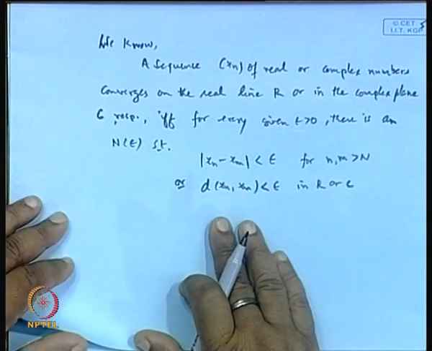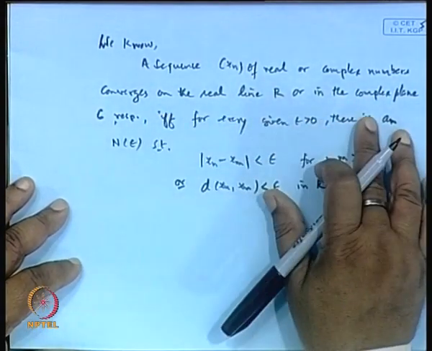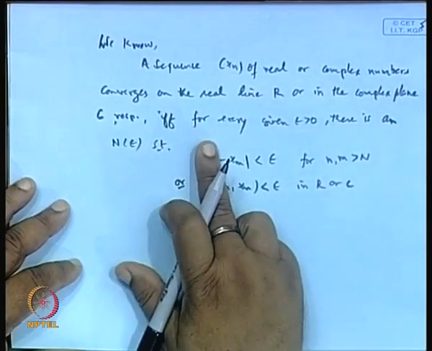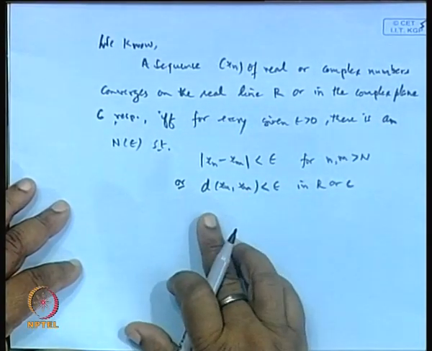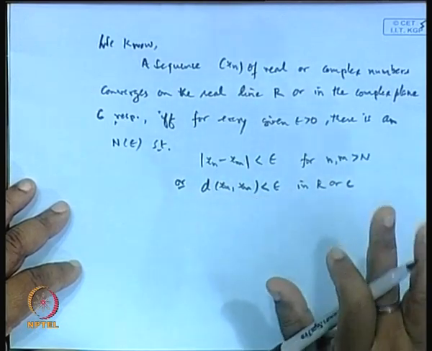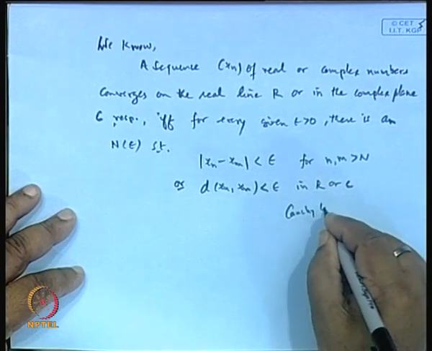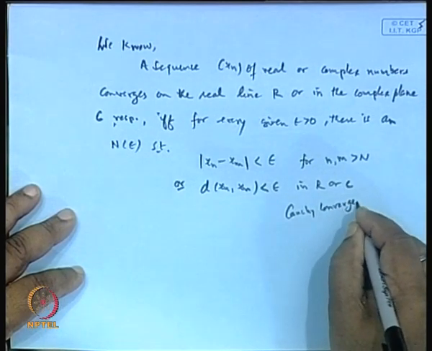So, when we say a sequence x n of real or complex numbers is convergent if and only if for any epsilon greater than 0 there exists N such that the distance between x n and x m is less than epsilon, this criteria is known as the Cauchy convergence criteria.